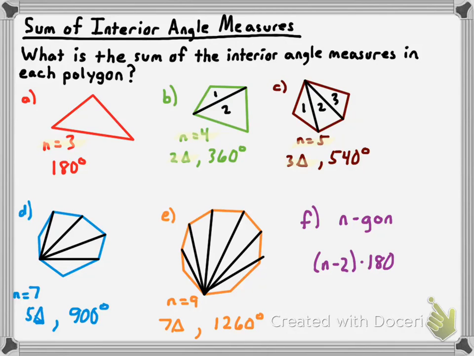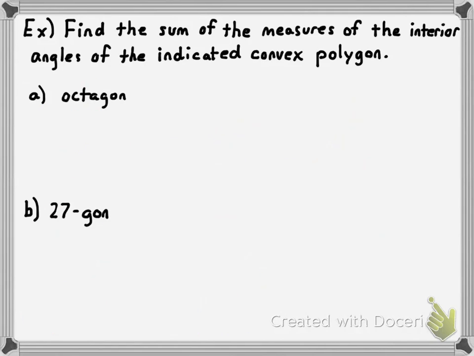Great. Well, let's do a couple of problems with that then. First, I want to see if we can find the sum of the measures of the interior angles of these convex polygons here, an octagon and then a 27-gon. Again, from Chapter 1, we learned the names of some polygons based on their sides. An octagon, of course, you hopefully remember, has 8 sides.